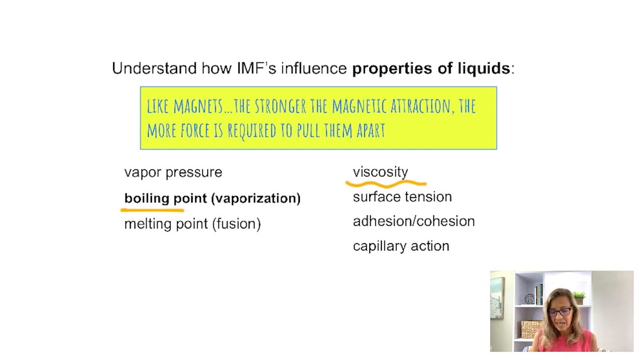Surface tension, adhesion, cohesion, capillary action, those all have to do with intermolecular forces. So this takes a little practice to first identify the intermolecular force and then use that to predict the difference in physical properties. Also, you may be given physical properties and have to predict the IMFs based on those.